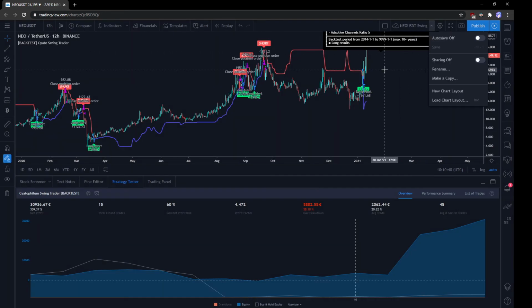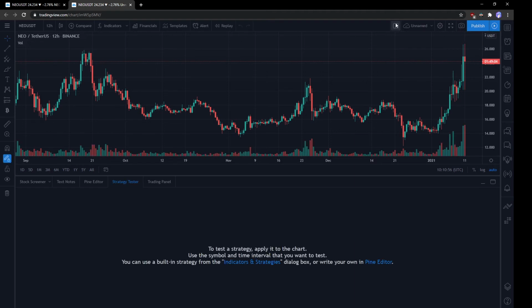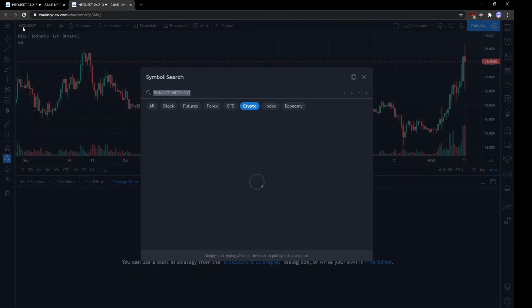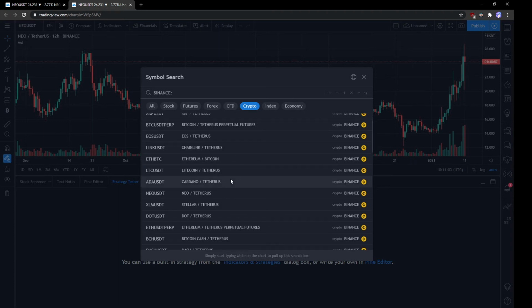Let's see if we can find some other altcoin we could trade. So XLM, we can look at this one.